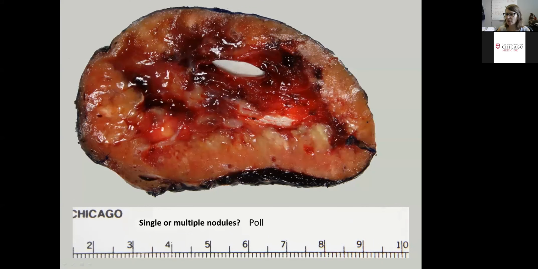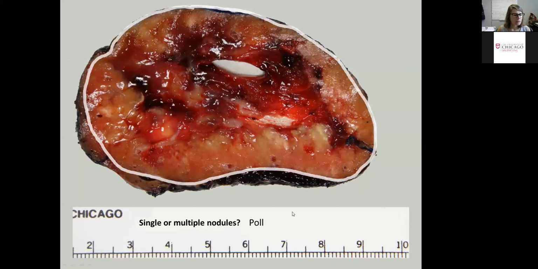All right, so again, those of you who said single nodule, which would be 69%, versus multiple nodules, 31%. So yes, I see a single nodule. I see a relatively circumscribed area that sort of stands out from the background, right?